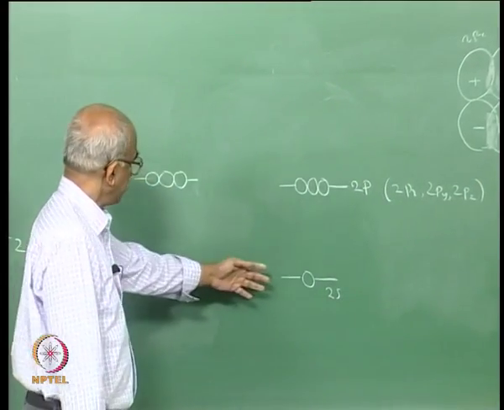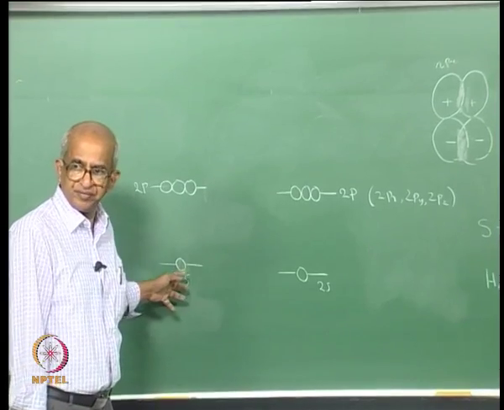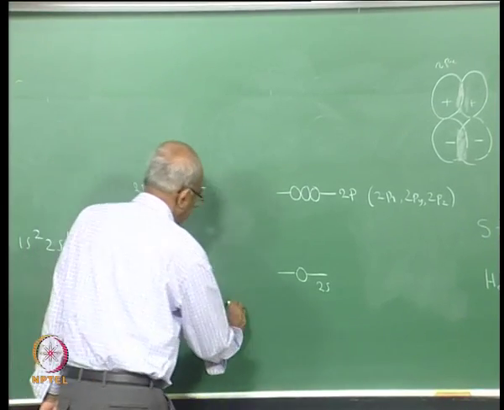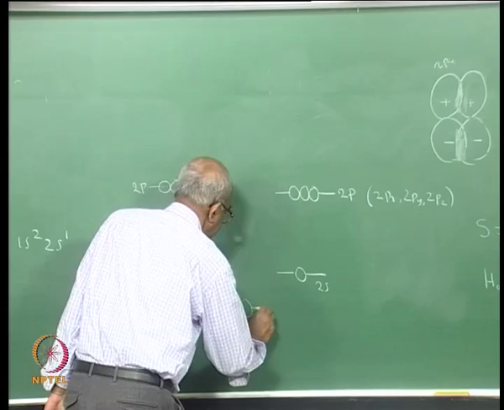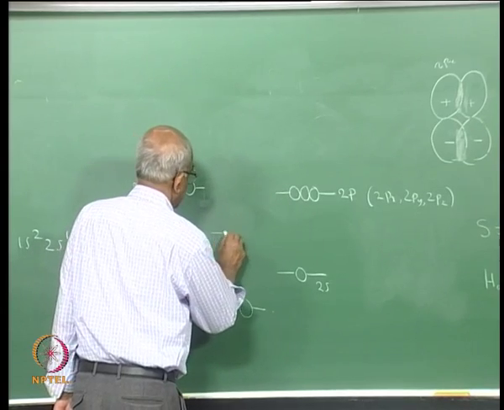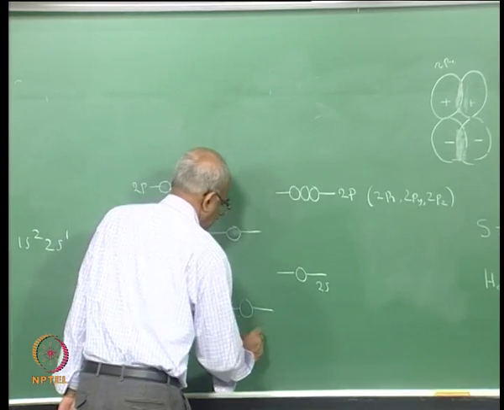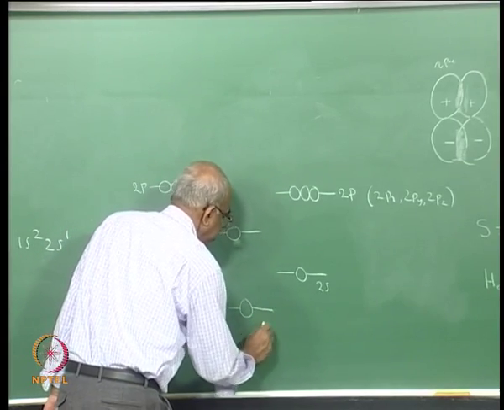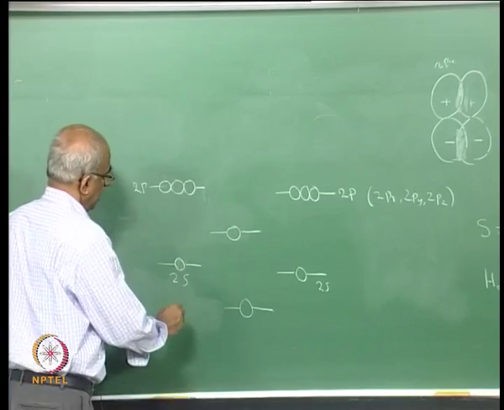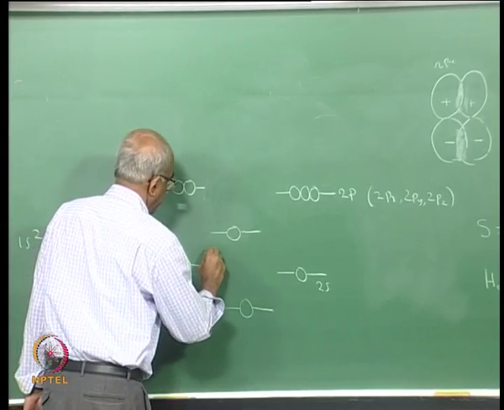So, this 2s will interact with the other 2s, right, and you will get a bonding molecular orbital and you will get an anti-bonding molecular orbital. Okay. And that you usually indicate, I will put dotted lines here.